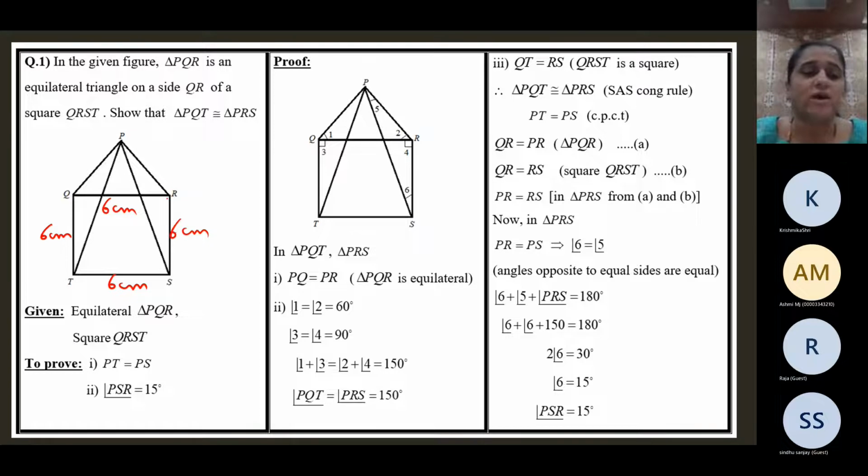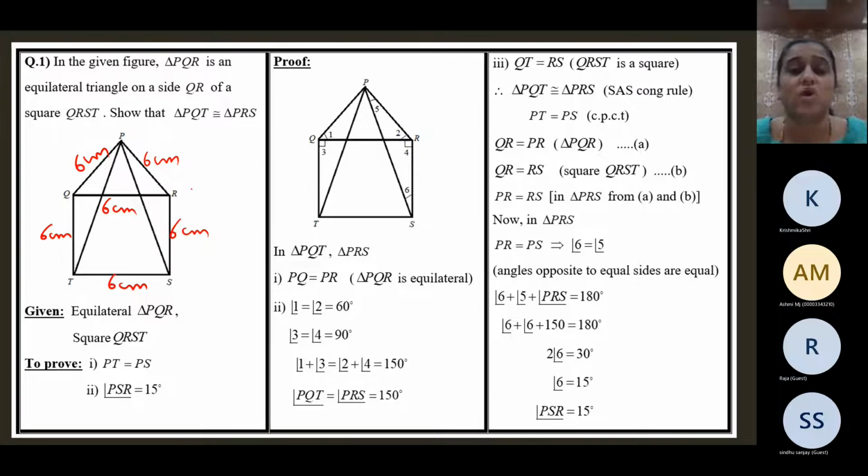You can see that QR is a side common to the square and the equilateral triangle. So if QR is 6 centimeters, PQ and PR also must be 6 centimeters because PQR is an equilateral triangle. That is the side of the square, but it's also the side of the equilateral triangle PQR.